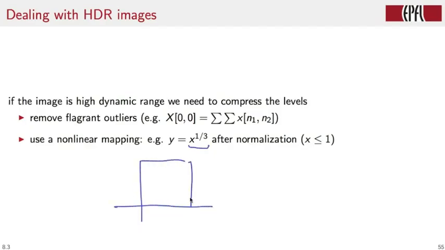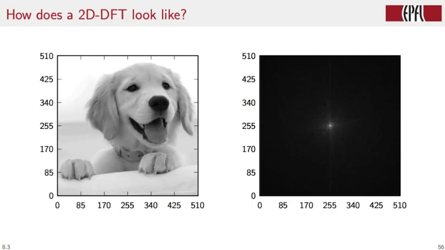So if this is the range between 0 and 1, the nonlinearity will map this range like so, which means that the tail outliers that we've seen before will be squished in a band that is very close to 0, and so they will appear as black pixels. And the rest of the values, those that we're interested in, will occupy the bulk of the dynamic range of the medium. If we do that, we obtain something like this.